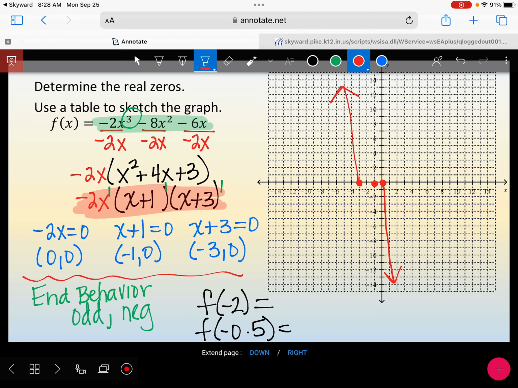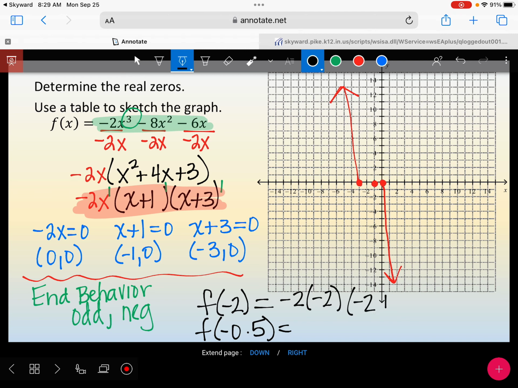Sometimes I use factor form, sometimes I use standard form. It is really no different. I think I'll use the factor form. Okay, so we got negative 2 times -2.